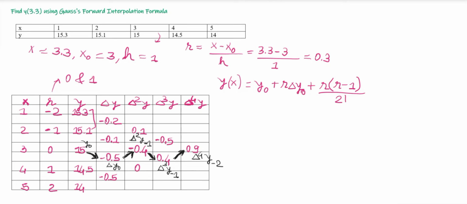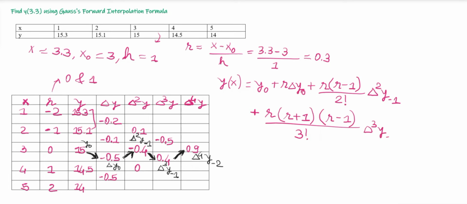Y of x is equal to y0 plus r into delta y0 plus r into r minus 1 upon 2 factorial into delta square y minus 1 plus r into r plus 1 into r minus 1 upon 3 factorial into delta cube y minus 1 plus r plus 1 into r minus 1 into r minus 2 upon 4 factorial into delta raised to 4 y minus 2.